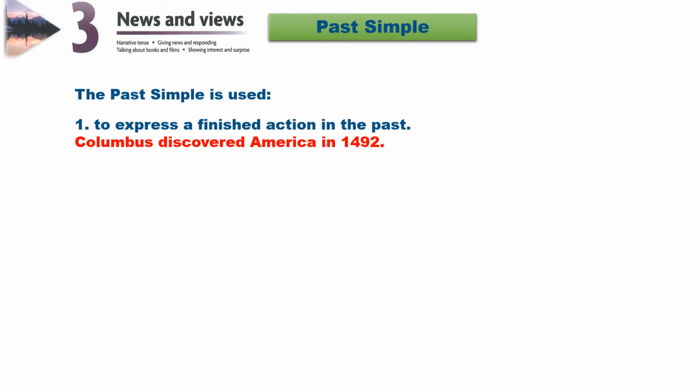For example, Columbus discovered America in 1492. When I'm talking about a person who did something in the past and that action is finished with no present result, I will use a past simple.